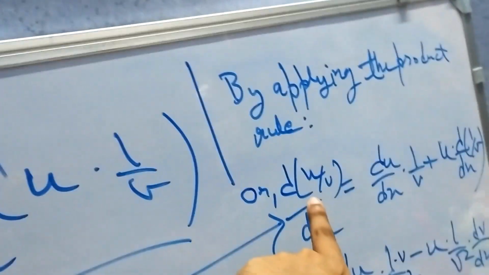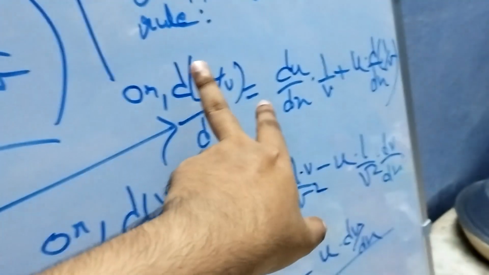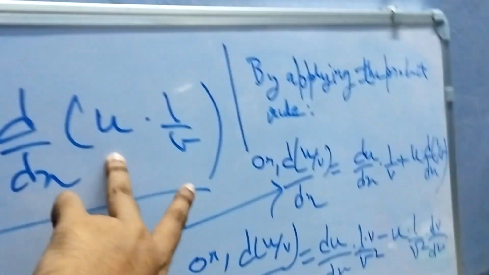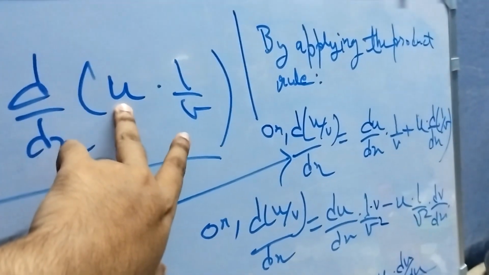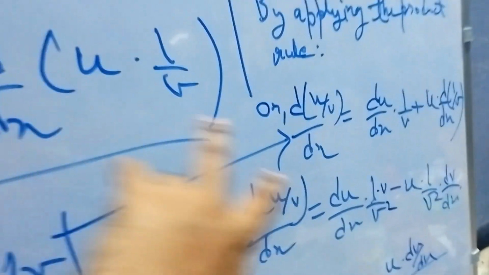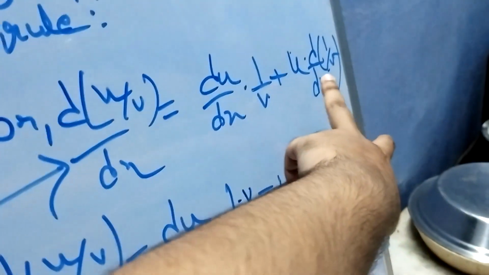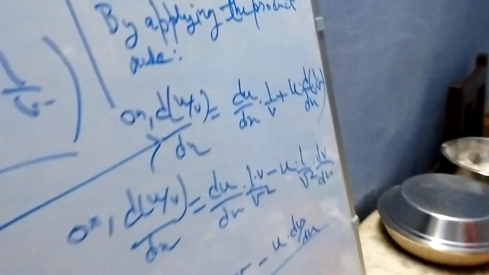Then by applying the product rule, we get the derivative of the first function of x with respect to x, multiplied by the second function, plus the first function of x multiplied by the derivative of the second function.